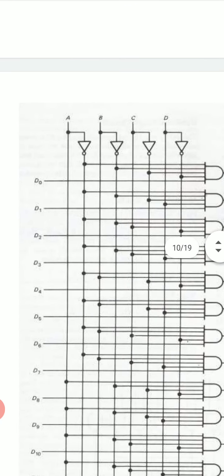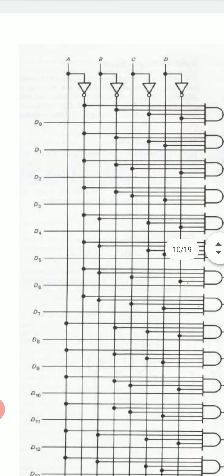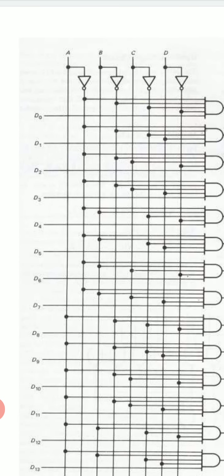This is the control word ABCD having 4 bits, and these 4 bits are also connected with NOT gates. So we have 8 control lines: 4 are for ABCD and 4 are for A bar, B bar, C bar and D bar.